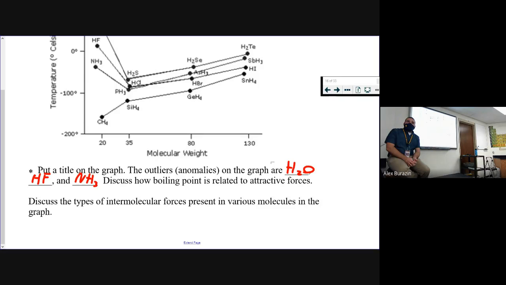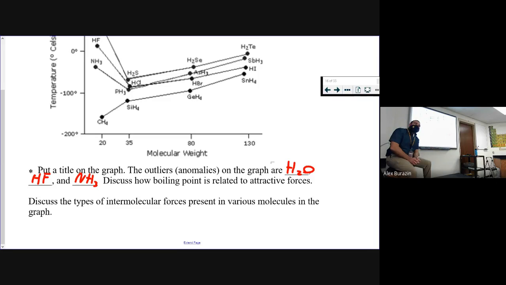So, things with higher boiling points, like water, water's got the highest boiling point on our graph here. What can we generally say about the intermolecular forces of water compared to the rest of these data points? Stronger. It takes more energy to turn water from a liquid to a gas than any of the other things on this chart.